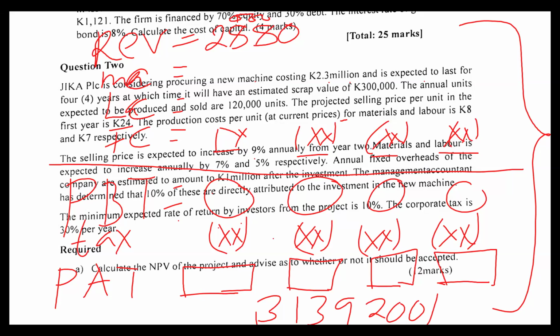Now, can you grow this same original one, 2,880, which we know is in thousands, multiplied by 1.09? Can you grow this at that rate, and tell us what you find? It's the same 3,139,200.